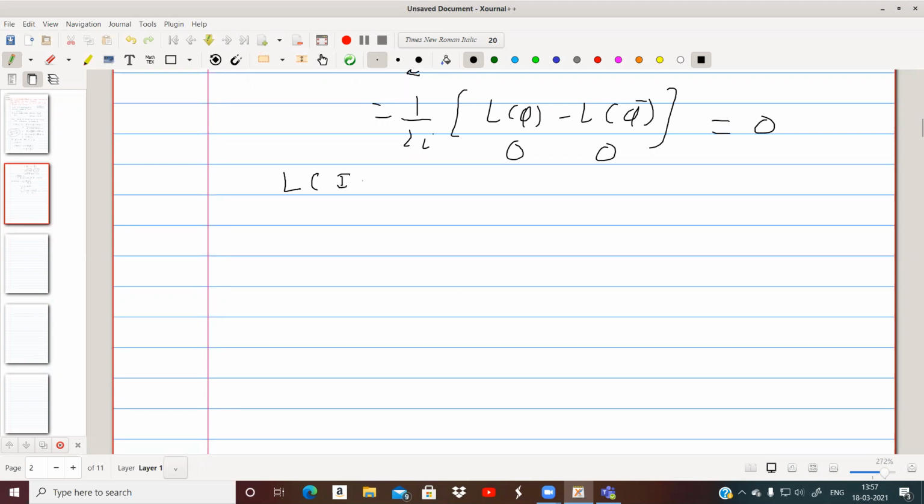L of the imaginary part of phi is 0, which implies the imaginary part of phi is also a solution of L of y equal to 0.